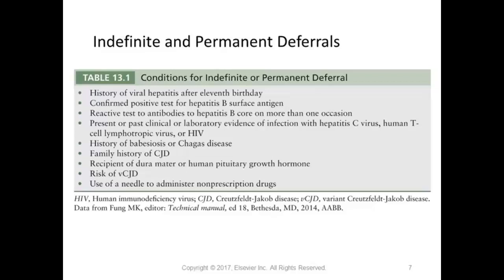Temporary deferral is recommended if the donor will be eligible at a specific time in the future. Mainly, an example of this would be body piercings or tattoos, and those are deferred for 12 months. So after a year, you would then be eligible.